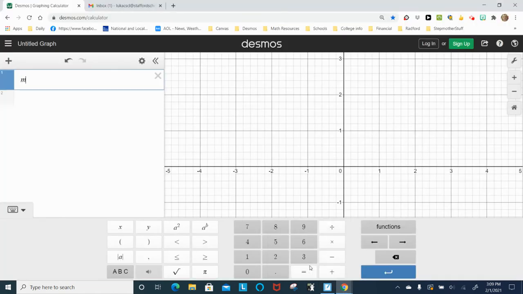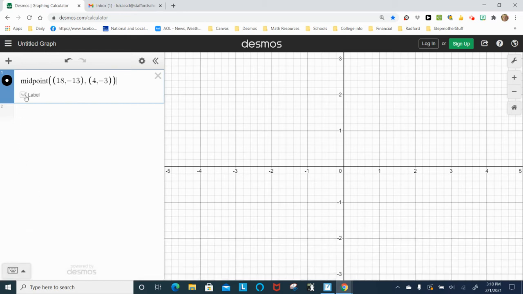So you're going to type midpoint, the actual word, point, the first, doesn't matter what order you put them in, comma between, second point. And I don't really see the midpoint. So what I'm going to do is I'm going to minimize my keyboard and I'm going to click on the label button, and I still don't see the midpoint.